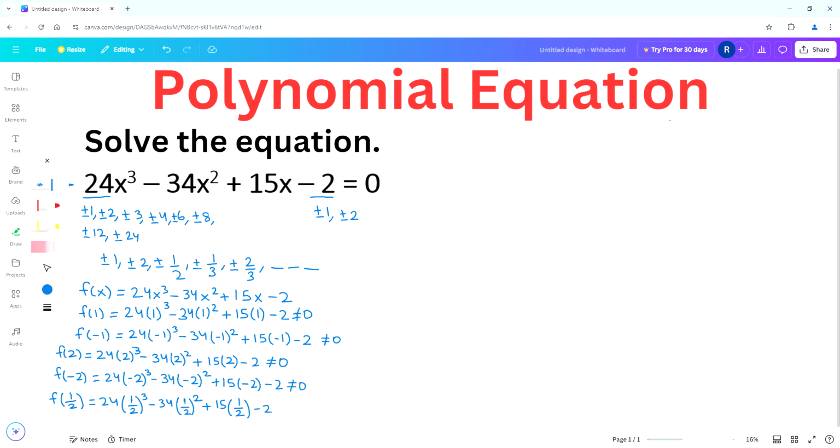1 over 2 to the power 3 is equal to 1/8. 24 times 1/8 is equal to 3. 1/2 squared is equal to 1/4, and 34 times 1/4 is equal to 8.5. 15 times 1/2 is equal to 7.5.